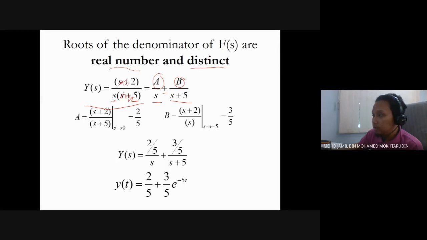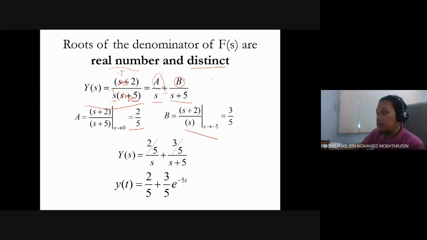That's the value of a. The second one is when s = -5, you substitute -5 here and here, and you get 3 divided by 5. This is another method, but maybe some of you are confused by it.